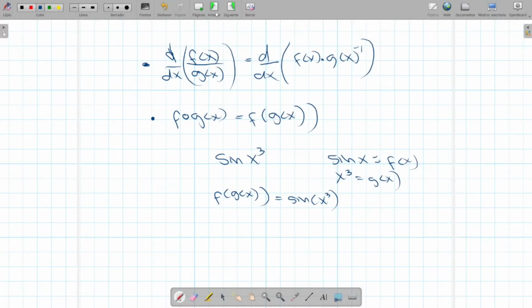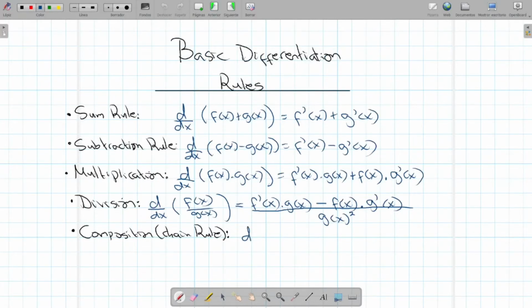So the chain rule says that if I have to do the derivative of the composition of two functions, what I do is I do the derivative of the external function, ignoring the internal one, and I multiply it by the derivative of whatever is inside.